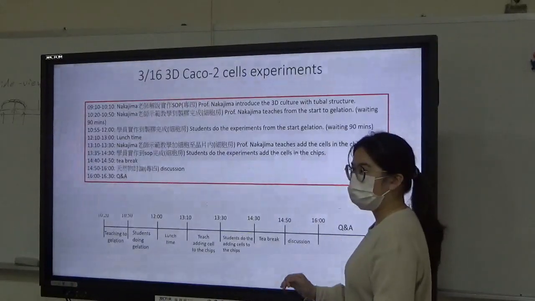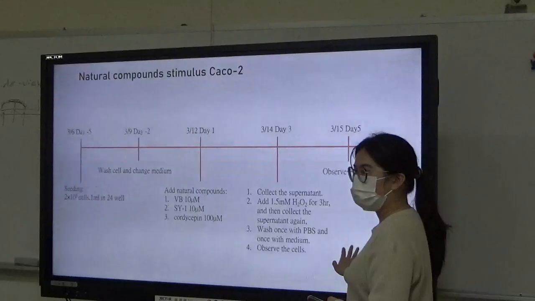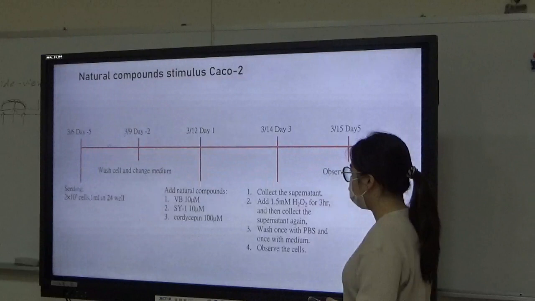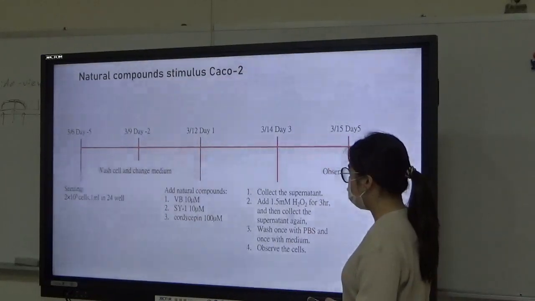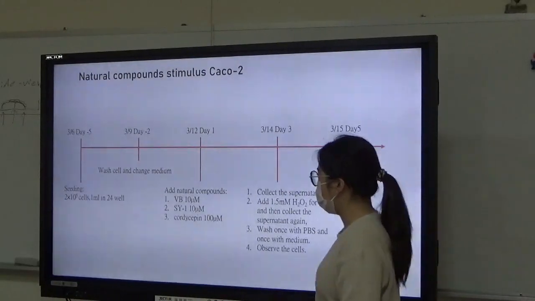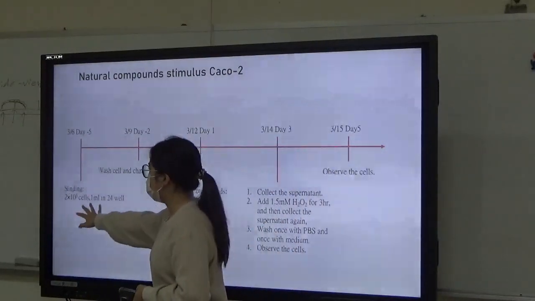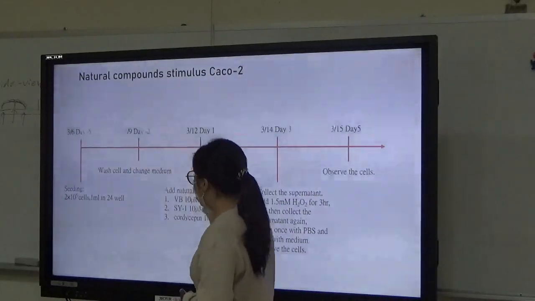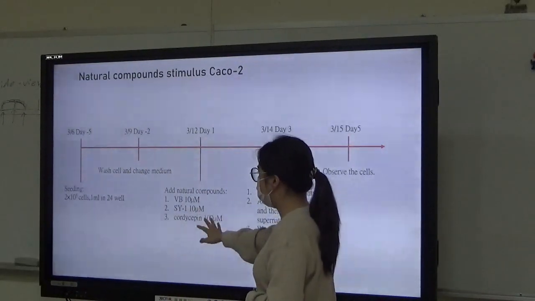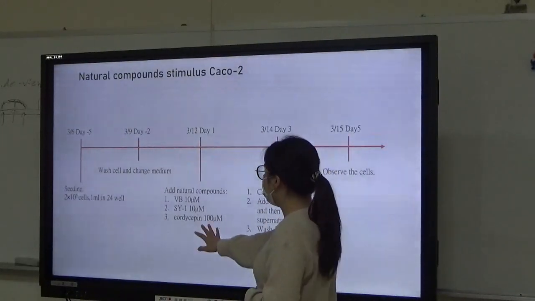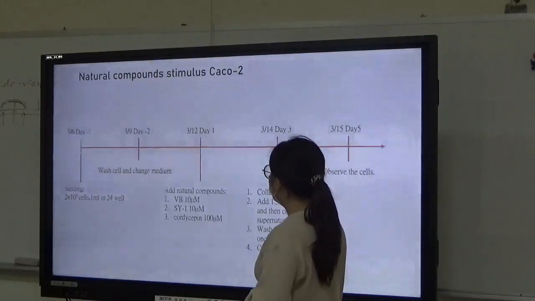Maybe I have another question. How long do you let the cells sit in culture? How many days before you treat with the drugs? 4 days we see it, and then 4 days, and then at the next stage, 2 days.